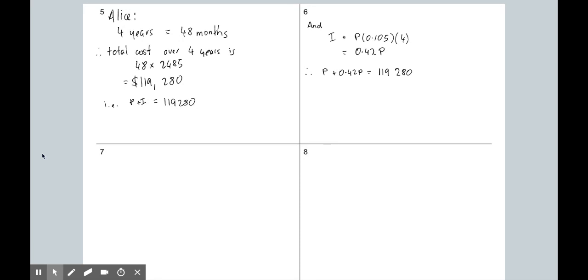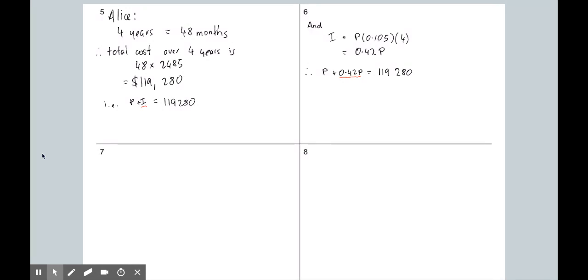Okay, and just in case you're not too sure, I'll just point out that all I've done is I've replaced I with 0.42p. Okay, I've just swapped it out. Okay. Well, this is good news. It's good news because now we have an equation with a single unknown.